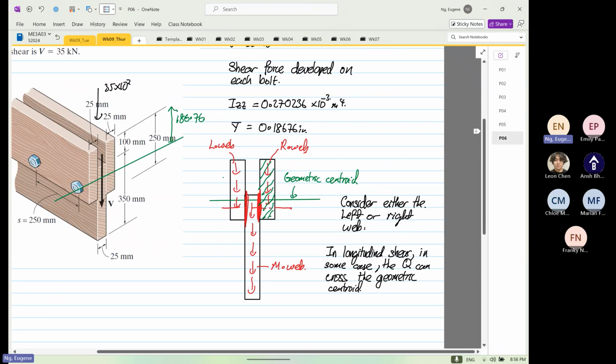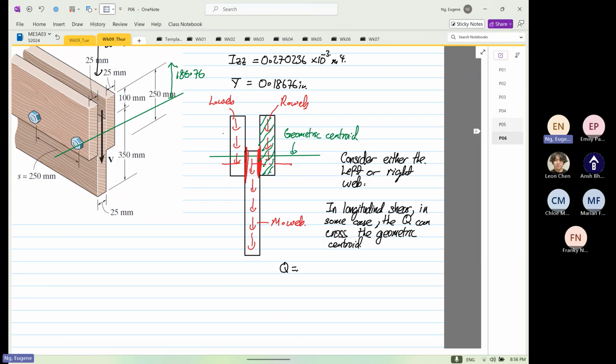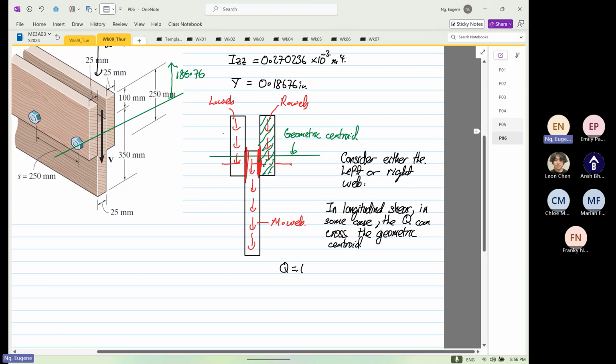So when that's the case, to calculate Q, you will take the entire right web. So the width is equal to 25, the depth is 250. Then the y bar is equal to 186.76 minus 250 divided by 2.